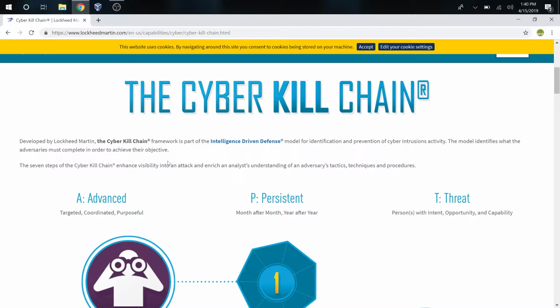This orients people to that and lays it out in a really easy to understand way. This was developed by Lockheed Martin in conjunction with the military, and it's just a really simple way to educate people and orient people as to what a threat actor is going to be trying to do. So let's go ahead and dive right in.